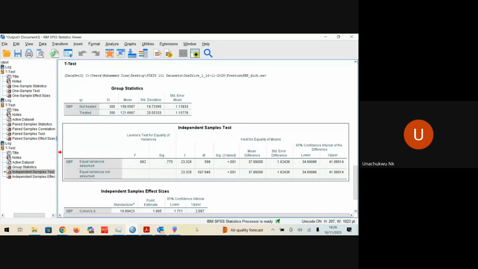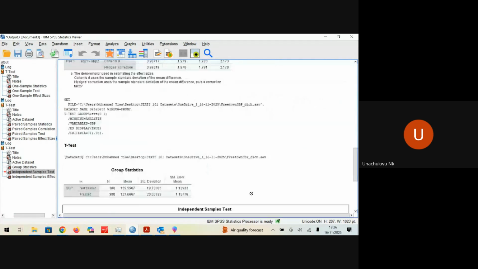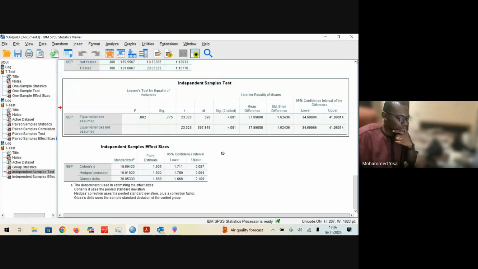I have a question. When I was doing my own, I couldn't find the independent samples effect sizes. I didn't see it in my own. There's a small box to tick when you are selecting your variables. If you tick display effect sizes, it will display this table.